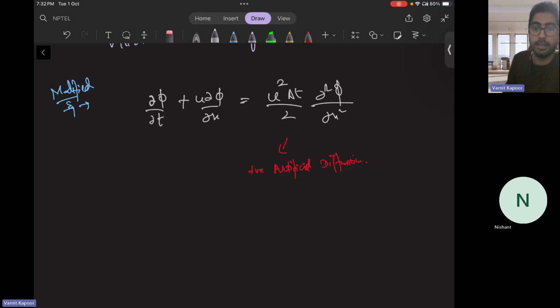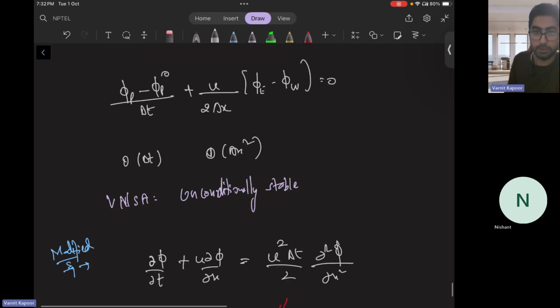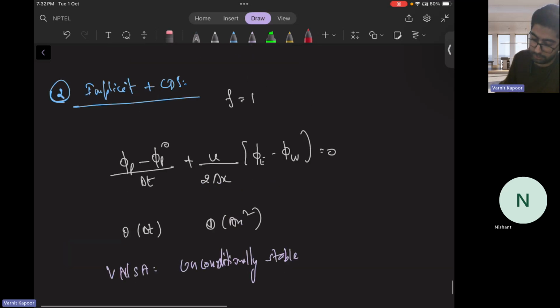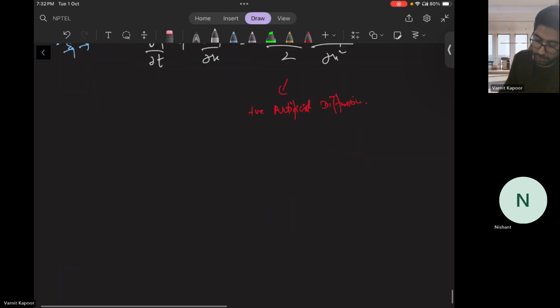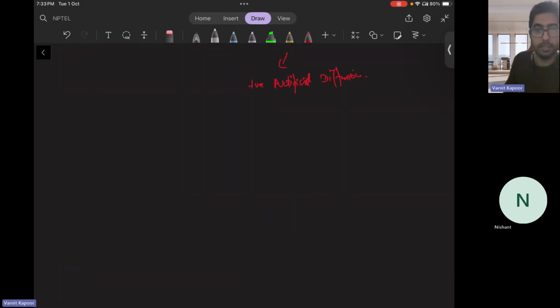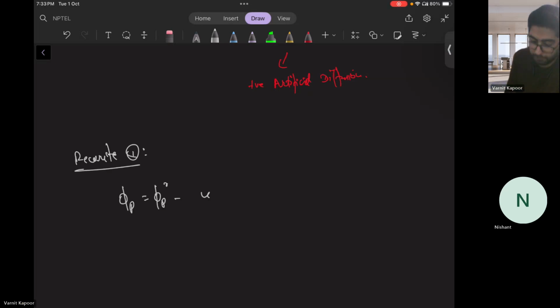So you will rewrite your equation. The implicit CDS equation was this, equation 1. Let's rewrite it: phi p is equal to phi p naught minus u delta t by 2 delta x times phi e minus phi w.